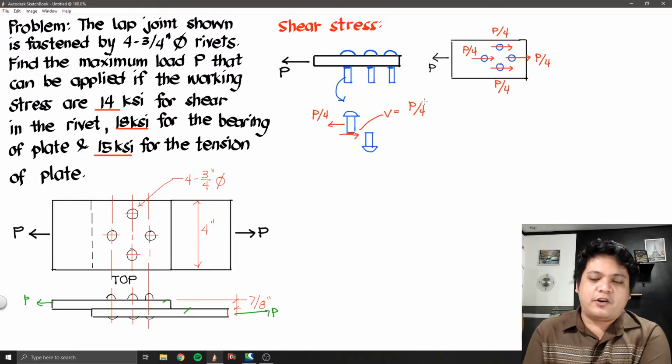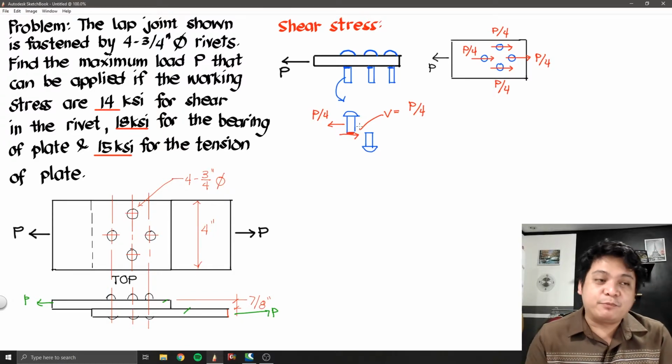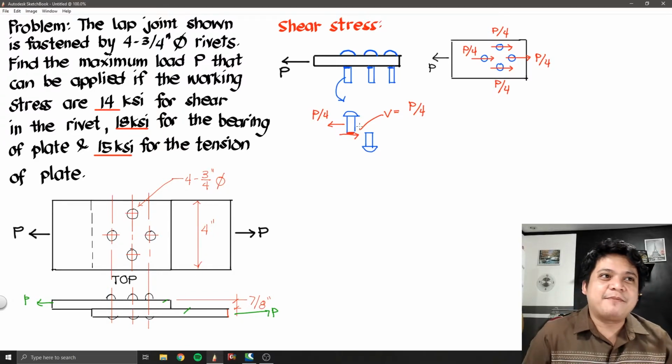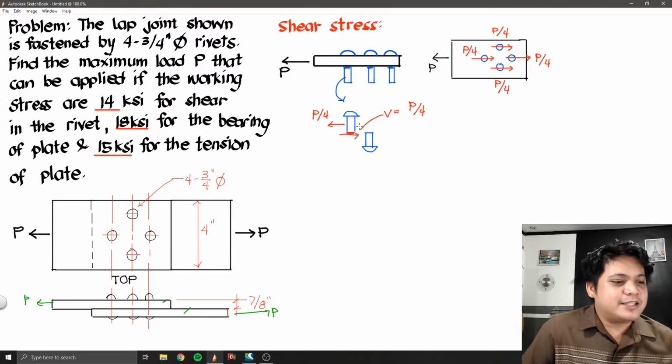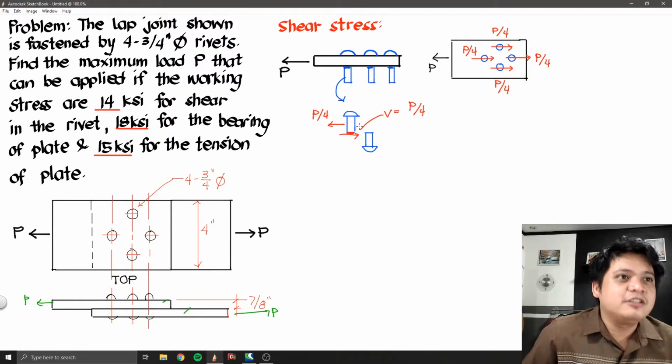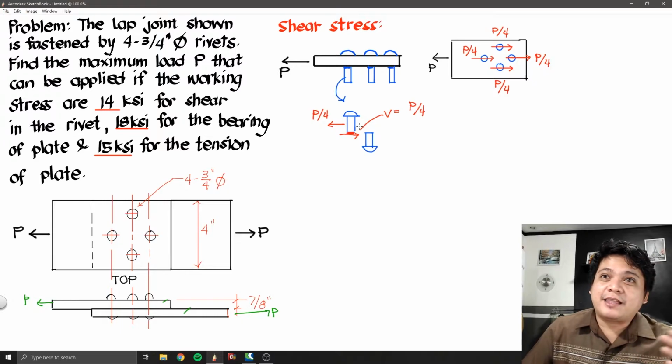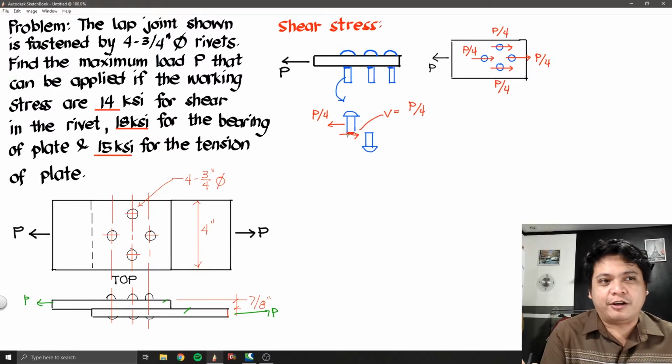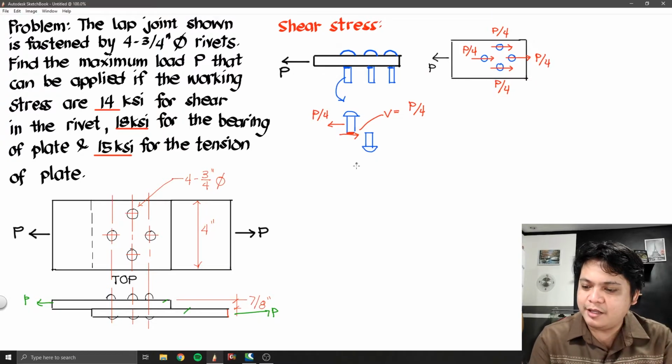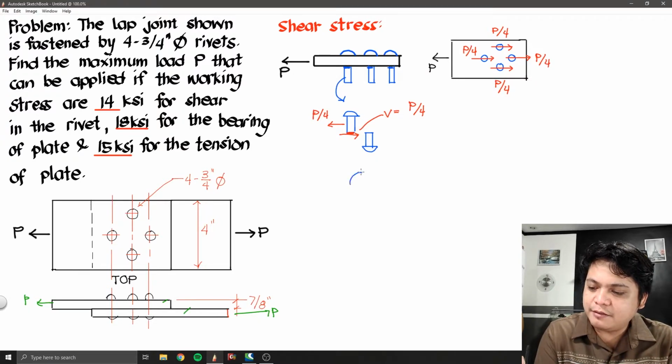Okay? So, ngayon, yung area ko na to na naputol, kasi di ba sabi nga natin sa cutting of section, once na nag-cut tayo ng section, may makikita kang force. Okay, may lalabas na force. So, nung naputol yung section na yon, naglabas tayo ng P all over 4. Okay, yung area niya, syempre, bilog.